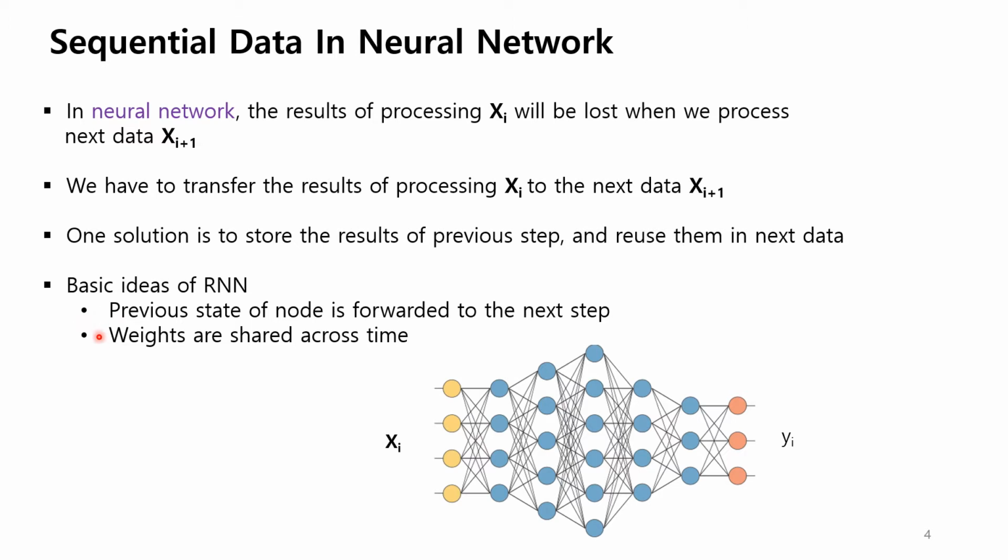And the second idea is, as we did in CNN, the weights in RNN are shared across different time steps. So these are the two main ideas of RNN, and also the two differences between RNN and a traditional neural network.